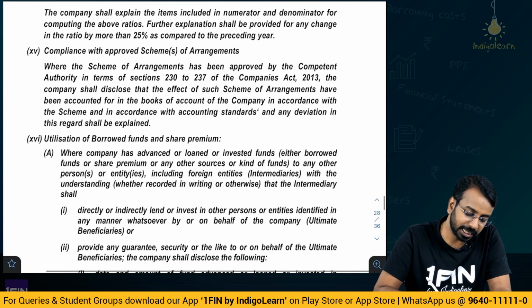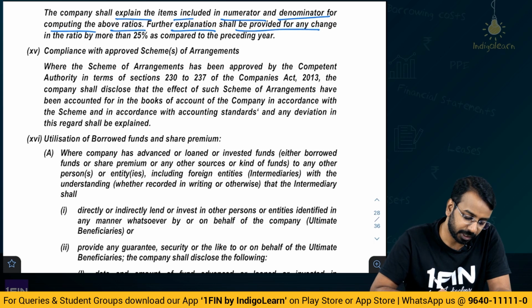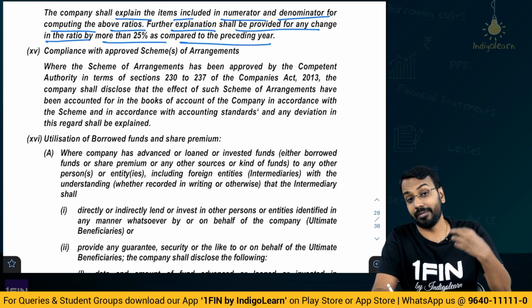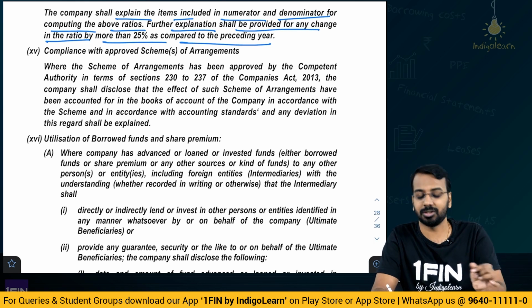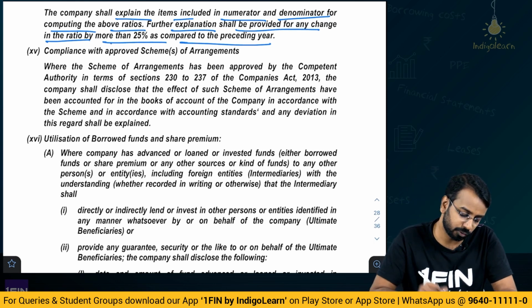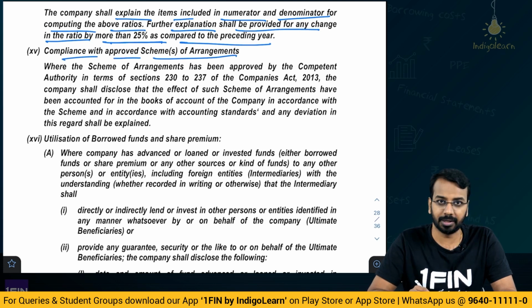Then the company shall explain the items included in the numerator and denominator for computing the above ratios. Further explanation shall be provided for any change in the ratio by more than 25% as compared to the preceding year. So, how have we computed, and if there is a variation, that has to be disclosed if it is more than 25%.